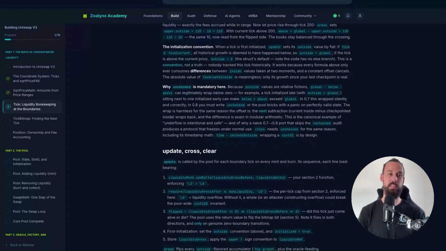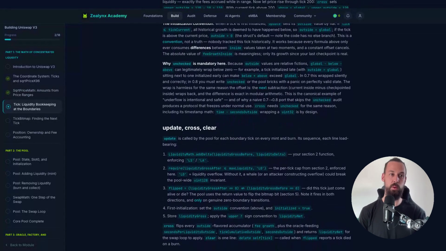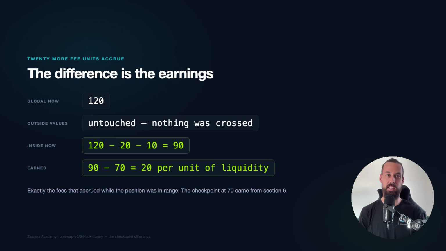Tick 200 has outside of 10, from an old excursion above it that flipped back on the way down. So below is 20, read directly, because 50 is at or above minus 100. Above is 10, read directly, because 50 is under 200, and inside is 100, minus 20 minus 10.